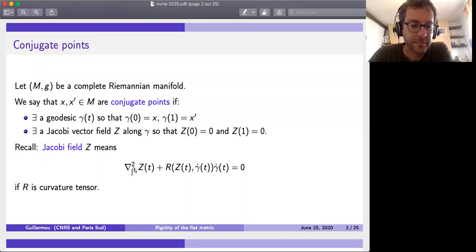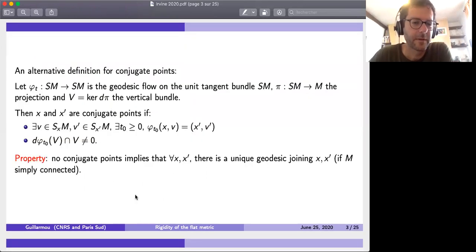One way to construct a Jacobi field is to take a variation of a family of geodesics. There is an alternative definition which is more related to symplectic geometry, and this is the one we better use in microlocal analysis, which can be described in terms of the differential of the geodesic flow.